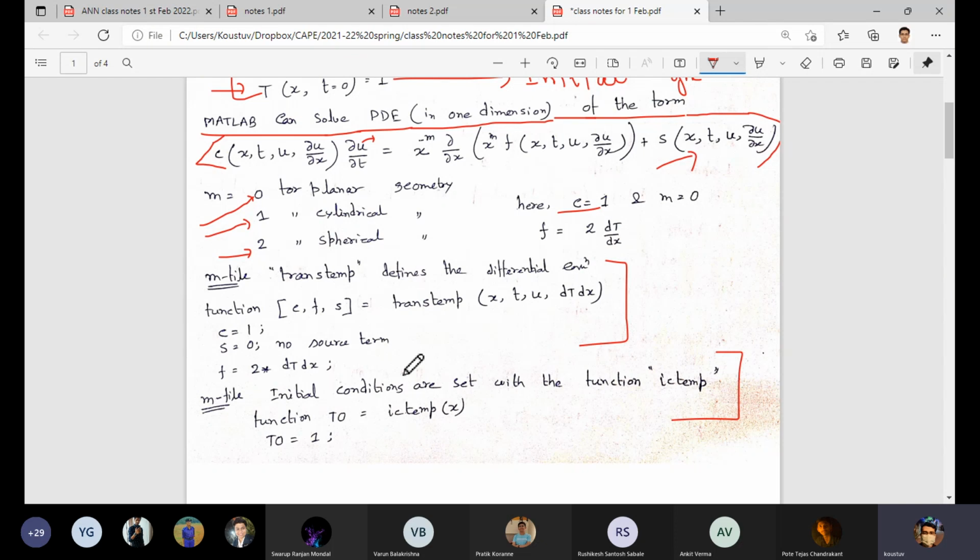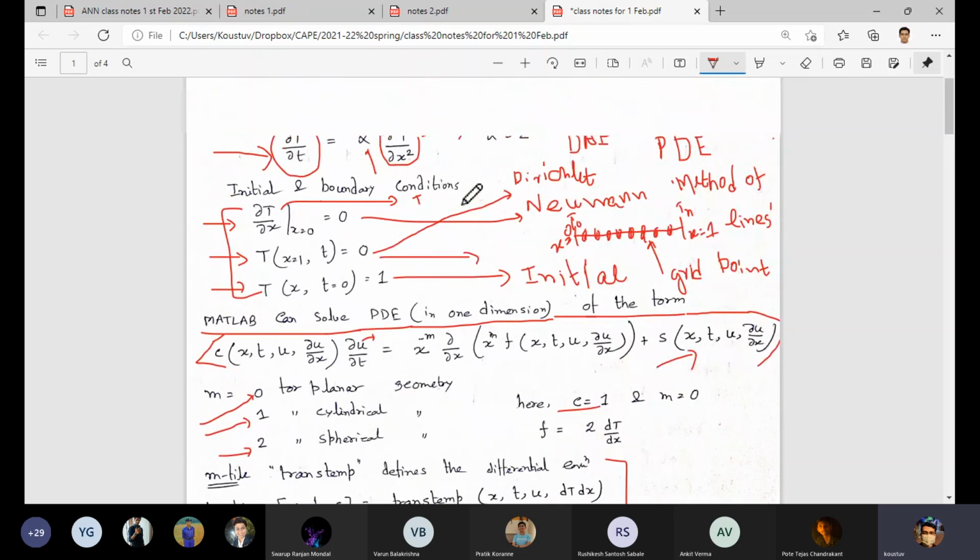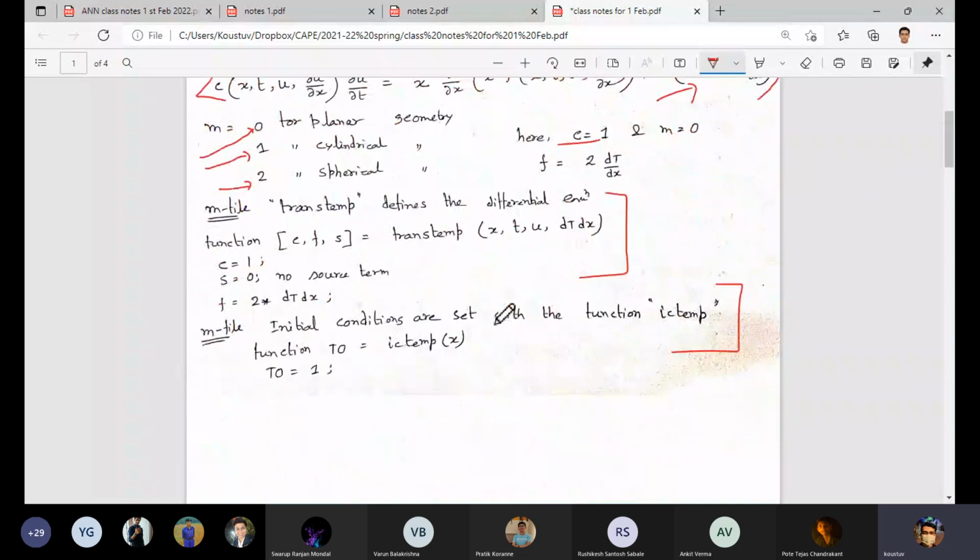The advantage is that you don't have to write everything in the MATLAB part, at least for this PDE problem, because if your equation follows this general form, you just have to specify the different terms c, s, f like this. The initial condition is also given, which we have specified here. This is the main system of equations, the functional calculations of the PDE.